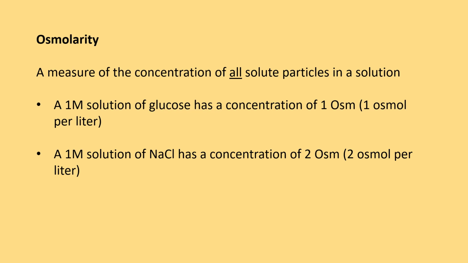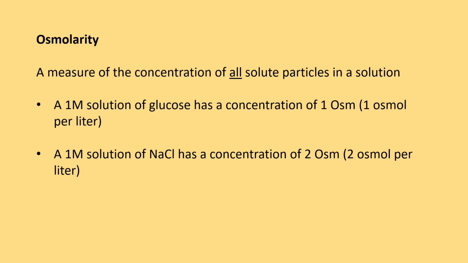And then the second bullet point, we can think about a 1 molar solution of sodium chloride as having a concentration of 2 osmoles per liter. What happens when we take sodium chloride and add it to water? Sodium chloride dissociates into sodium particles and chloride particles.